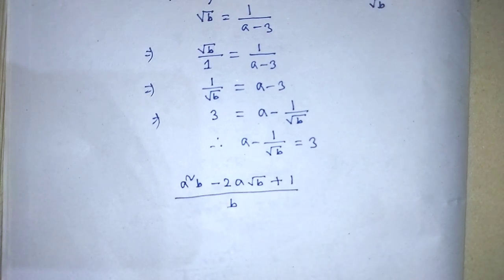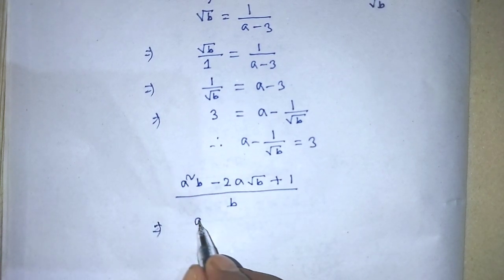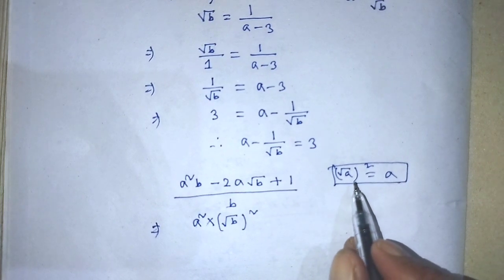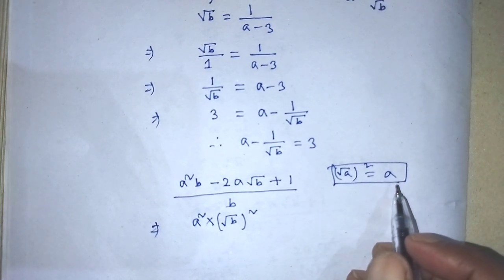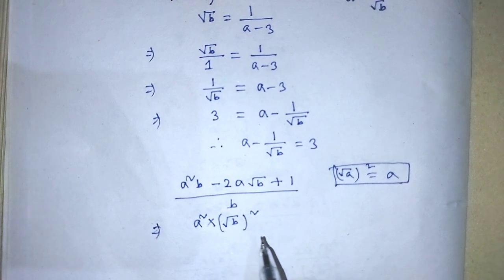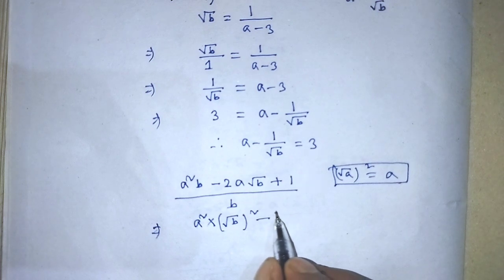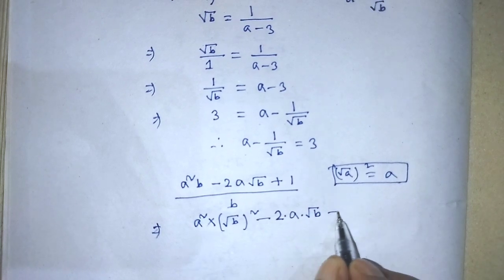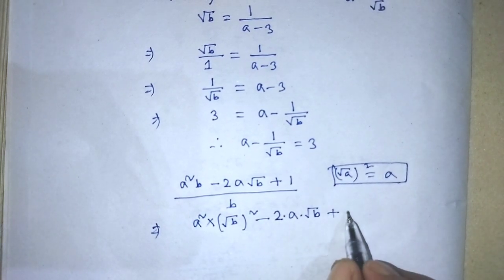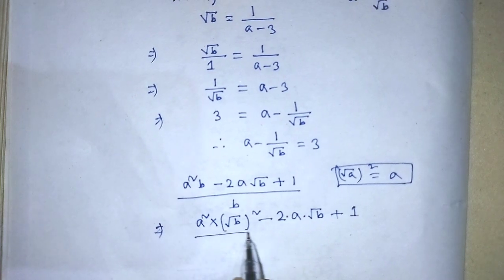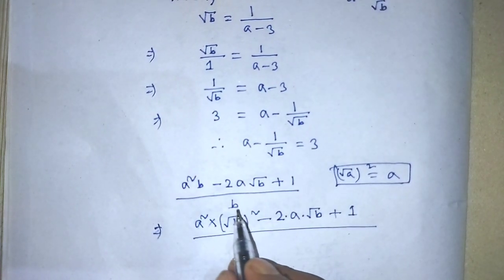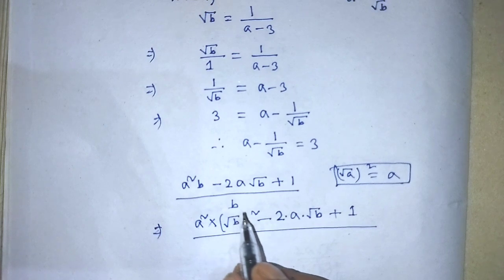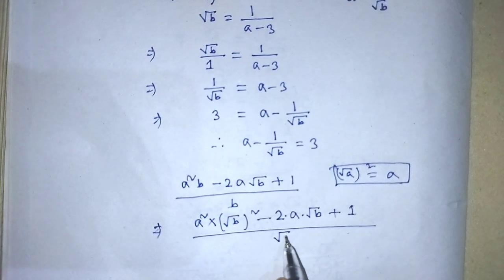We know that root b whole square is b. So in the place of b we write root b whole square, minus 2 into a into root b, plus, in the last term, 1 over, and in the place of denominator there is b, so we write root b whole square.